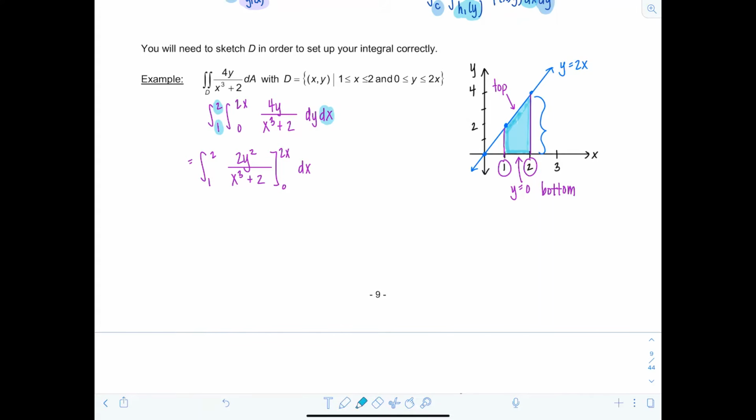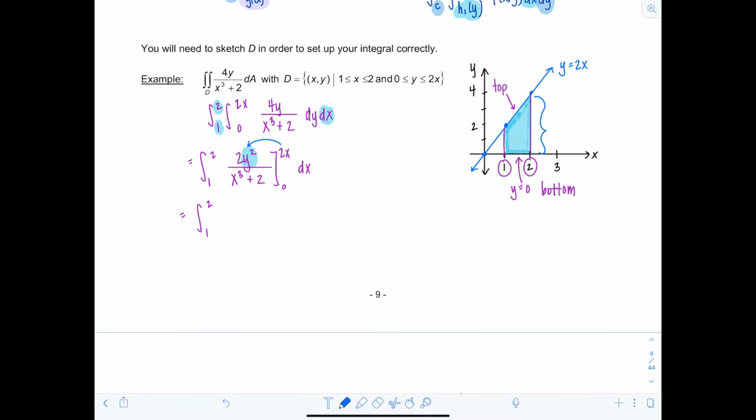Okay, now be careful. The limits of integration only get substituted in for y, right? Because I'm treating x as constant. So I have integral from 1 to 2. And then now if I substitute in a 2x for y, I'm going to get 4x squared.